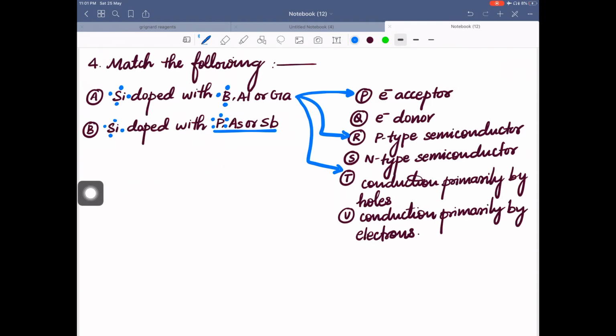So it is excess in electron, so it will be electron donor, so it will match with Q. And in which conduction will be primarily by electrons, so it will match with U also, and it results in the formation of N-type semiconductor. So you can have this match. So A is matching with P, R, and T. B is matching with Q, S, and U.